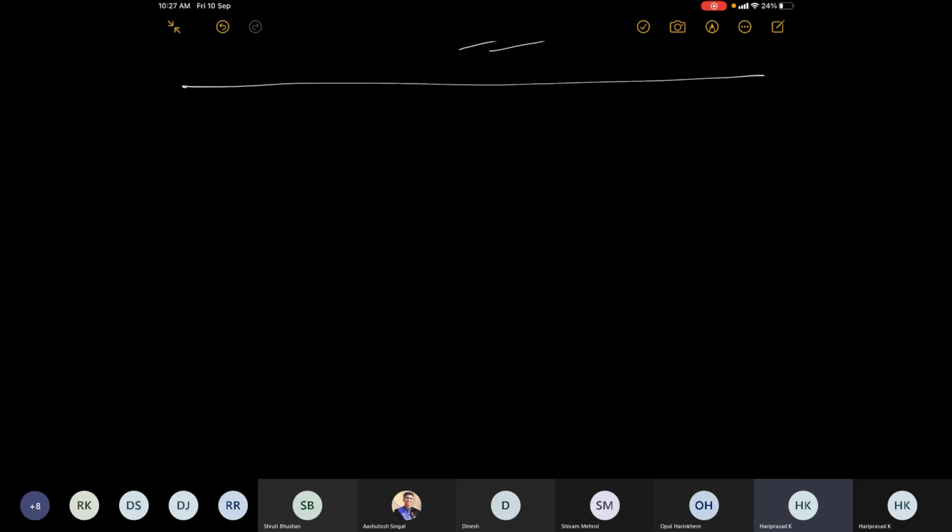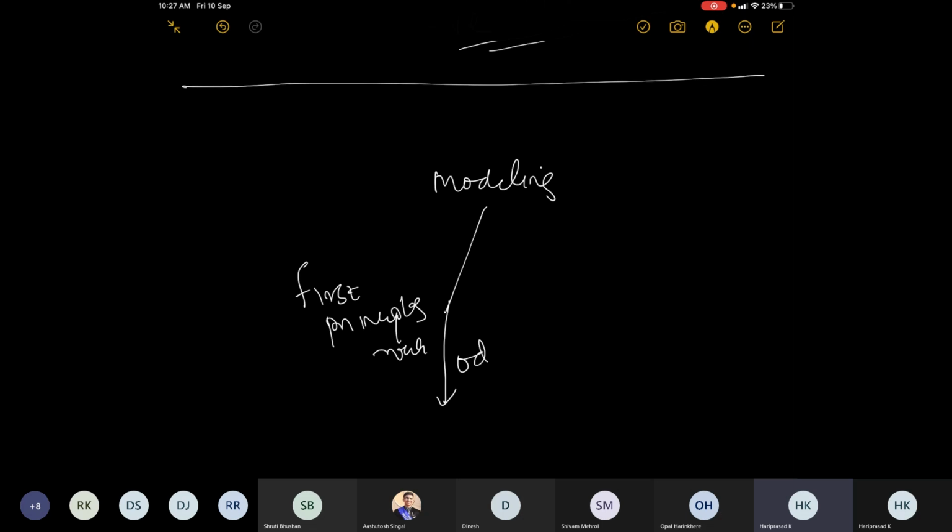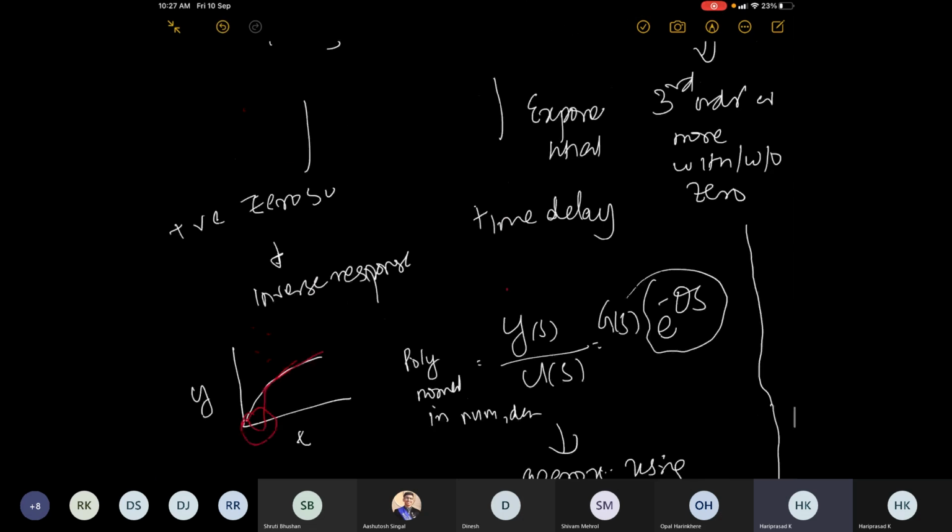So now what are we going to do? We have done modeling, so now I'll go back to the modeling. What have we done? We have chosen this particular route, which I'm not going to draw further. We have mostly gone via the first principles route, because eventually you start with an ODE, then you do all the manipulation. Basically this branch.